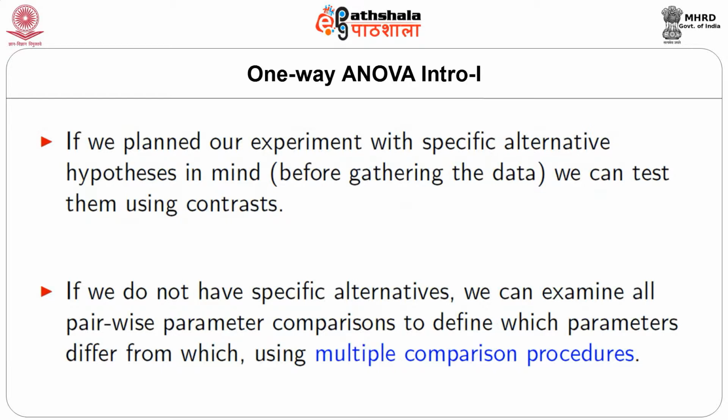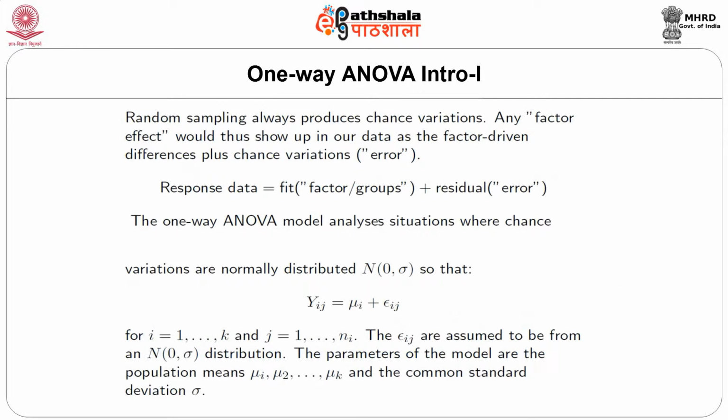If we planned our experiment with specific alternative hypotheses in mind before gathering the data, we can test them using contrast. If we do not have specific alternatives, we can examine all pairwise parameter comparisons to define which parameters differ from which using multiple comparison procedures.